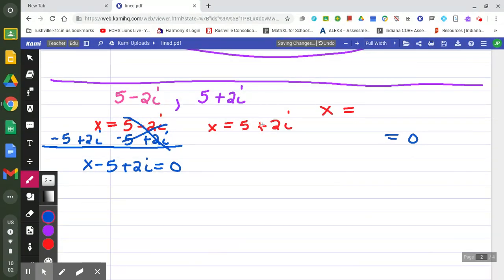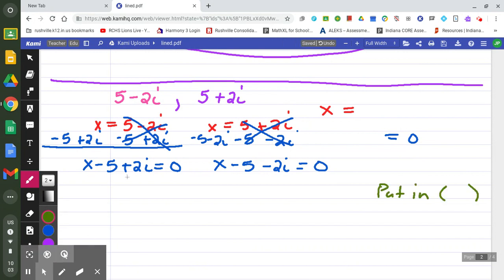And then on this side, I'll have minus 5 minus 2i. So I have to do the same thing over here. So then I'll have x minus 5 minus 2i equals 0, because those will cancel each other out.